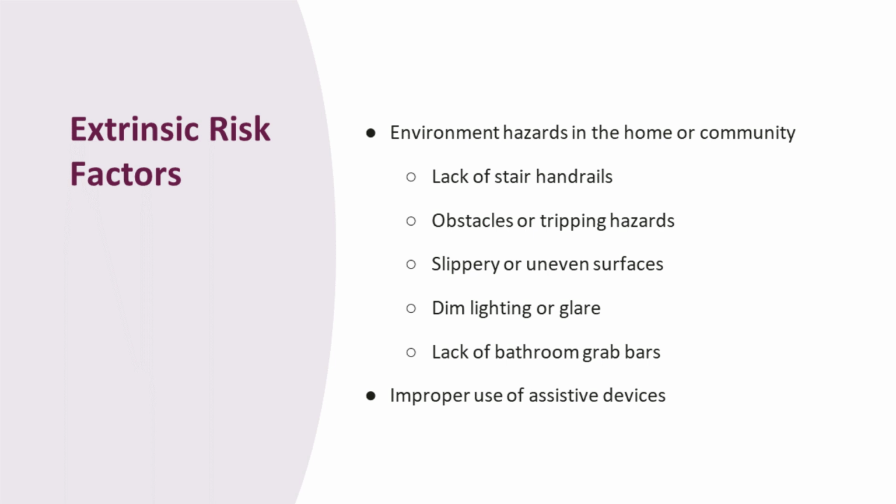And so maybe from a sense of pride, they don't want to use the walker or cane. Or maybe they have some sort of cognitive impairment, dementia, Alzheimer's, and they forget to use the walker or cane. Or maybe it's not set up properly at the right height for the individual.